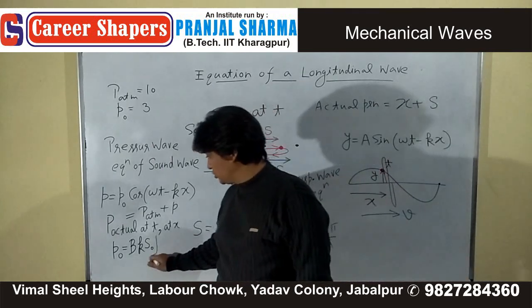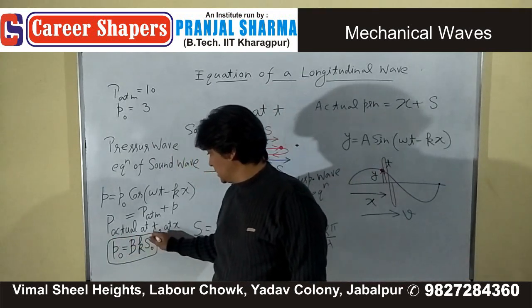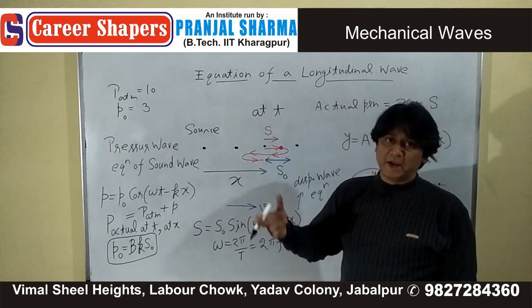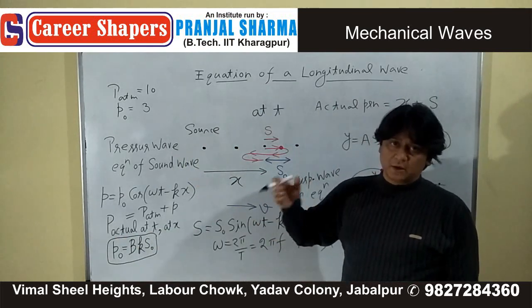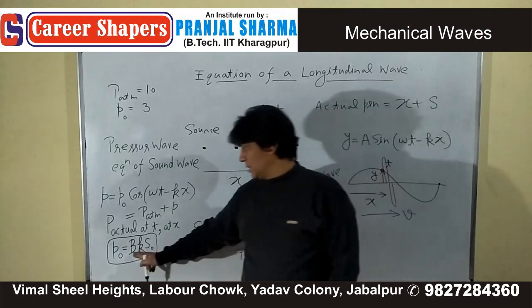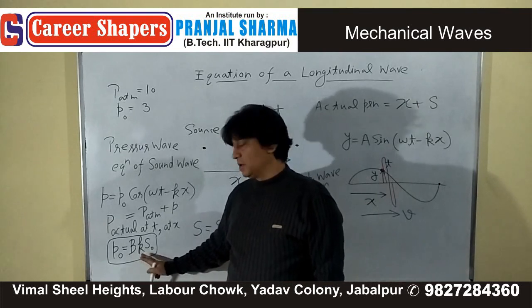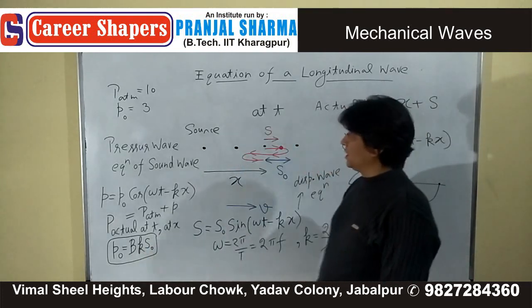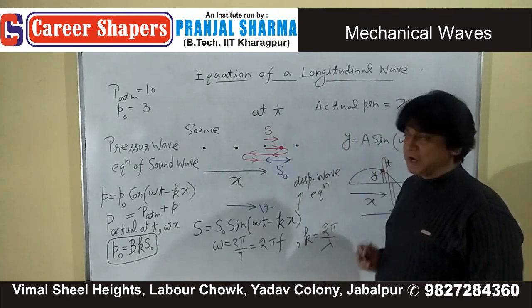It's an important relation. Remember it in this form. P0 is the bulk modulus of the medium. If you consider air, then you need the bulk modulus of air multiplied by the angular wave number multiplied by the maximum displacement in the displacement wave equation.